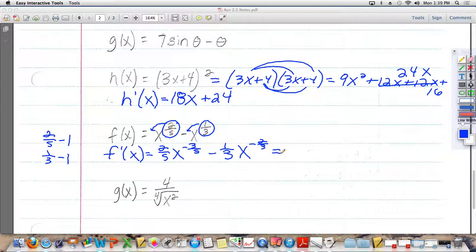All right, we have negative exponents, weird, awkward, don't leave them like that. So this 2/5 x to the negative 3/5 power really is 2 over 5. That x goes to the bottom, but what happens to the negative 3/5? Becomes a positive 3/5. So we have 2 over 5x to the 3/5 power.